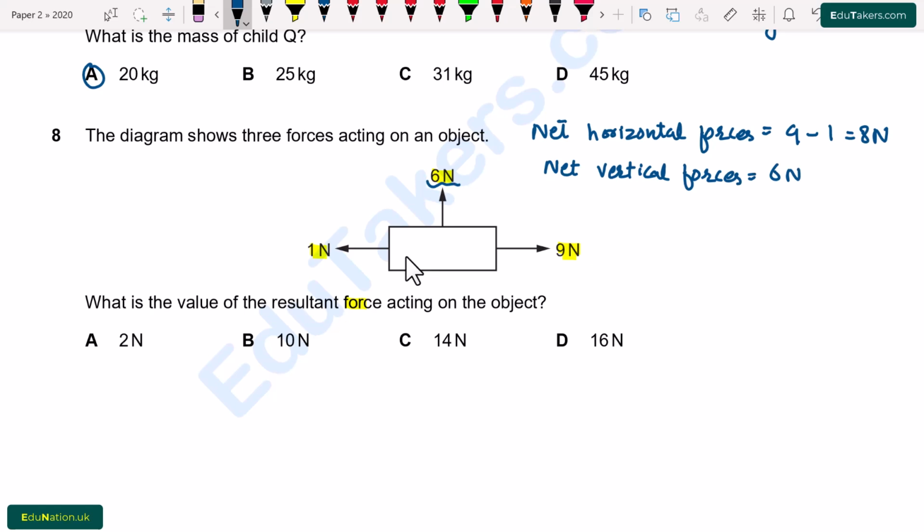So the resultant force will be equal to the square root of 8 squared plus 6 squared, which is equal to 10 Newton. So this is the resultant force. So from here option B is correct.